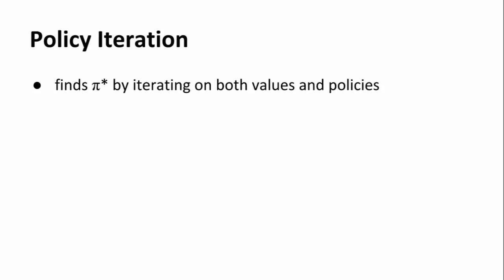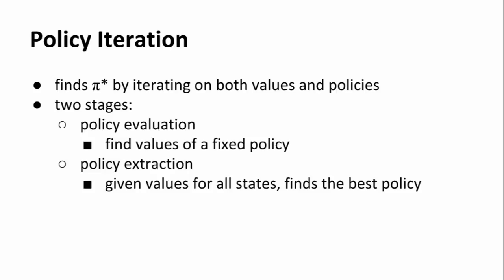So here, instead of trying to find the optimal values always, we're going to find the optimal policies by iterating over values and policies. Okay, so what that means is basically we're going to split up policy iteration into 2 stages. There's going to be a policy evaluation stage where we feed in a fixed policy and we find values associated with that fixed policy.